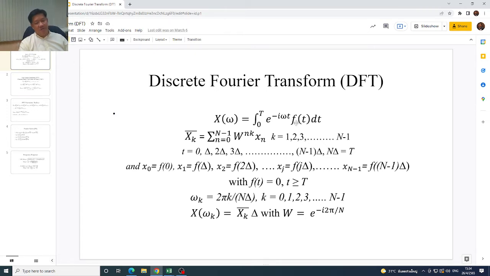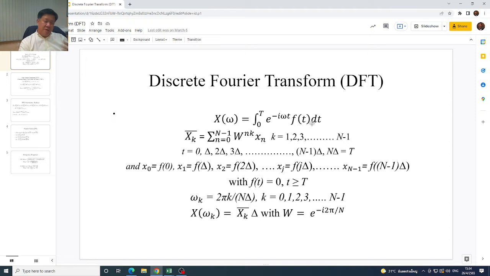For example, if you consider any specific value that changes over time, over a specific finite horizon of capital T, you can change this signal within this interval to another domain, we call the omega domain, by using this transformation.